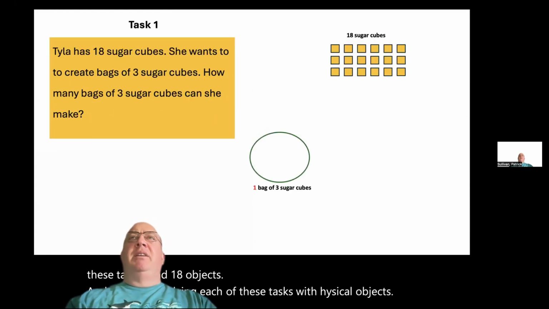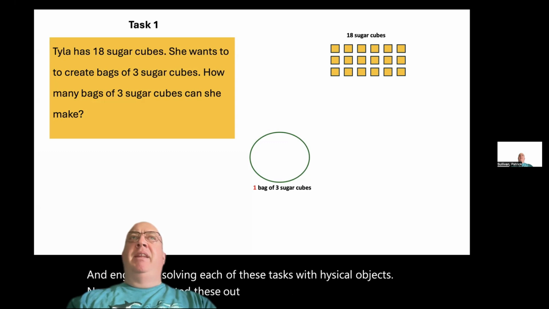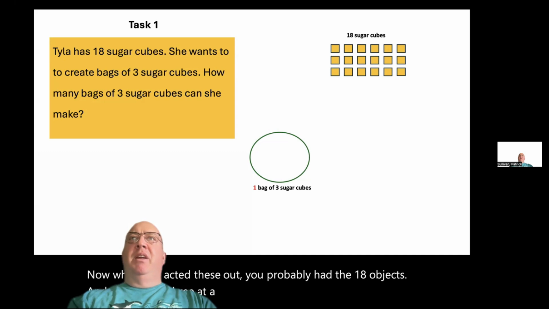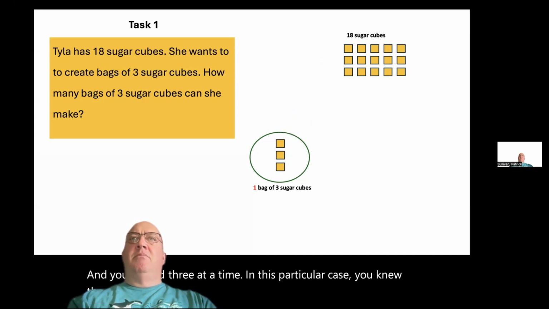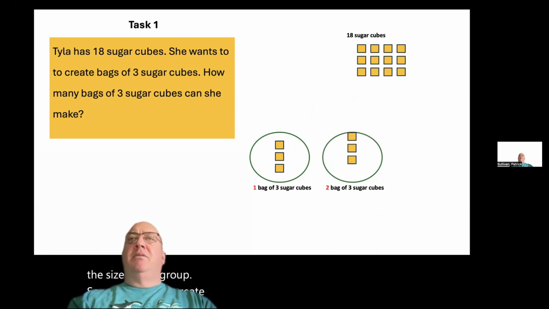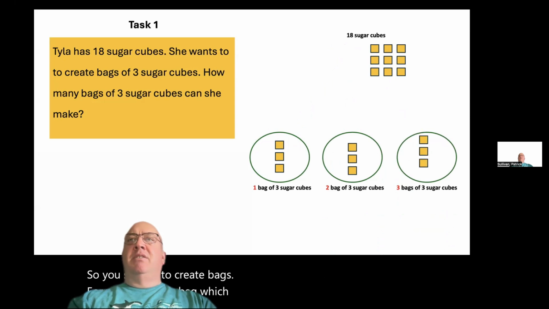Now, when you acted these out, you probably had the 18 objects and you moved three at a time. In this particular case, you knew the size of the group. So you started to create bags, forming three in each bag, which was again the size of the group.